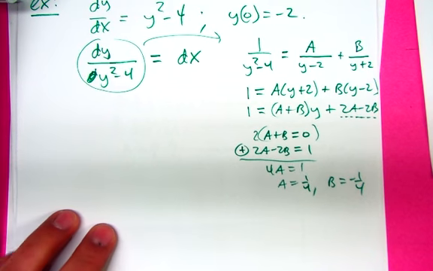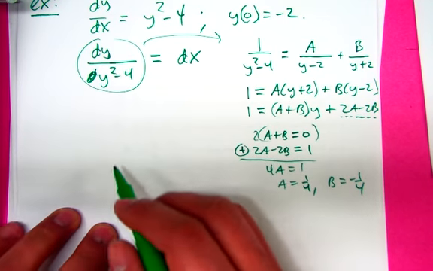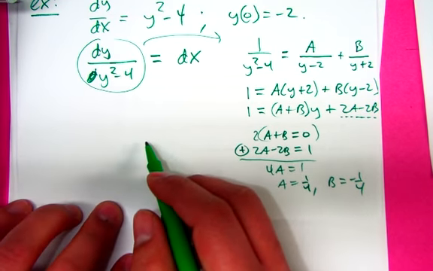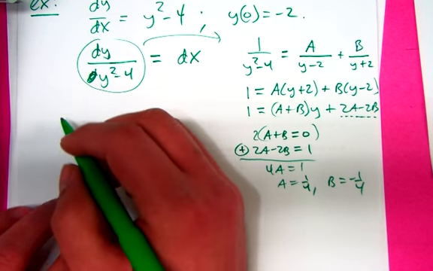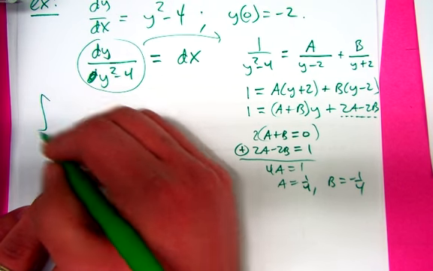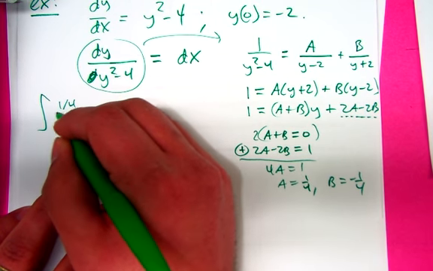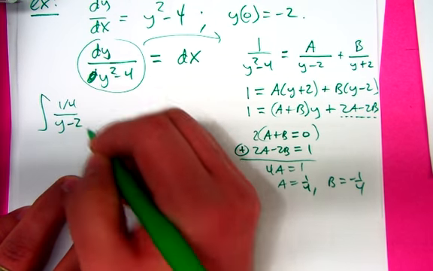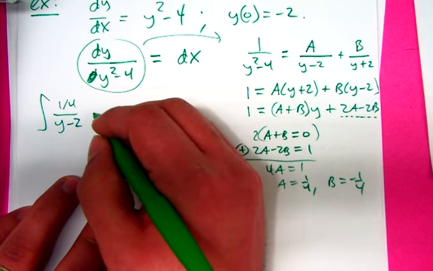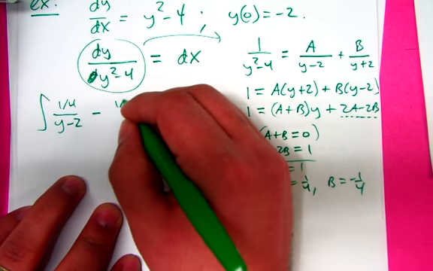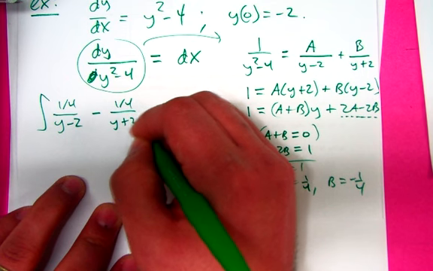Okay. So then now I'm going to go back and actually finish, or at least get this going and set it up. So this becomes the integral of, a was a quarter, so 1/4 over y minus 2 minus 1/4 over y plus 2, all dy.